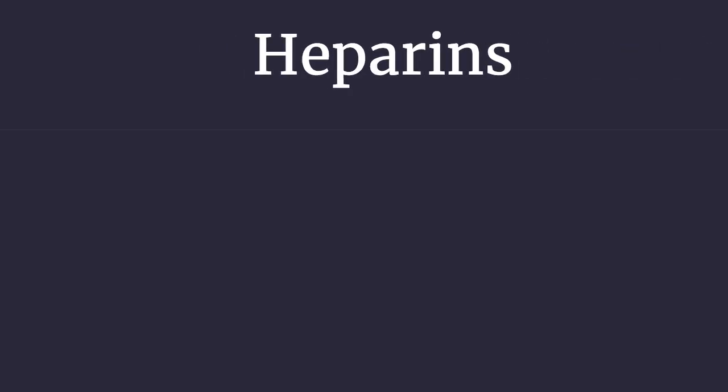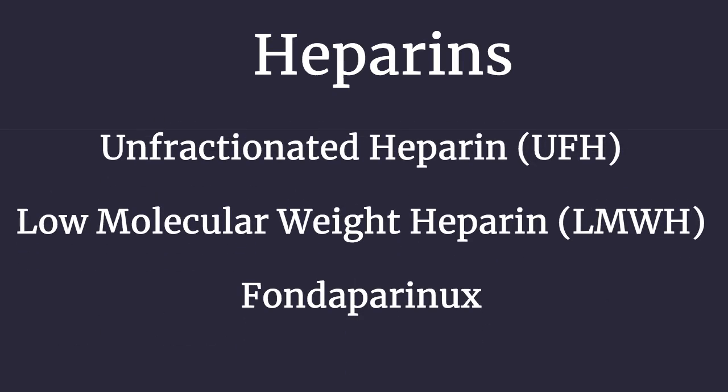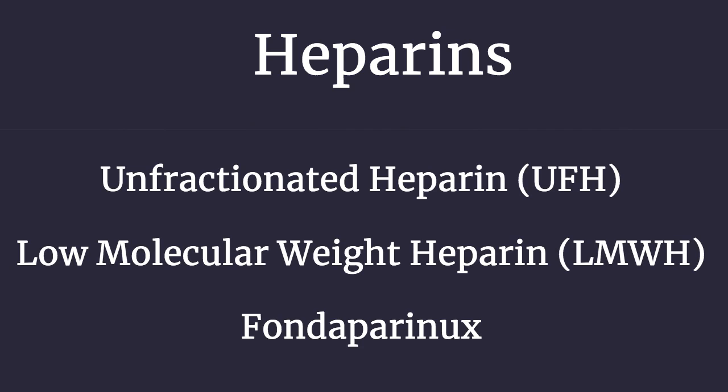All right, so the next major category of parenteral anticoagulants that we have is the heparins. And there are sort of three subcategories under that. There is the unfractionated heparin, or UFH, or if we just simply say heparin, we mean it's the unfractionated heparin.